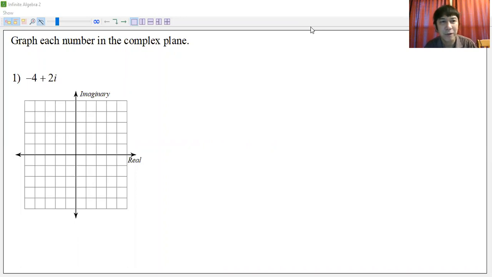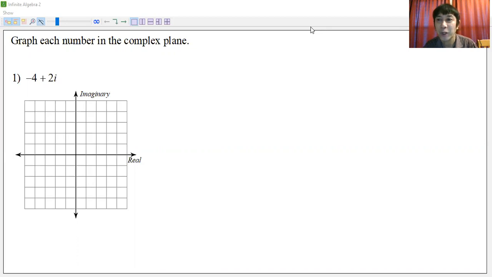As for the sign rules, it follows the Cartesian coordinate system. In the first quadrant, both x and y are positive. In this case, the real number and the imaginary number are both positive.